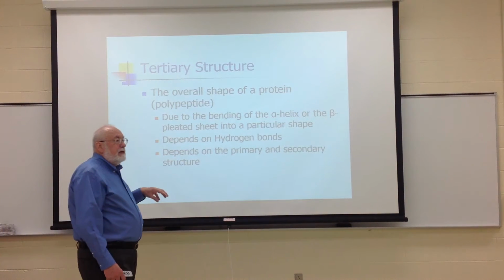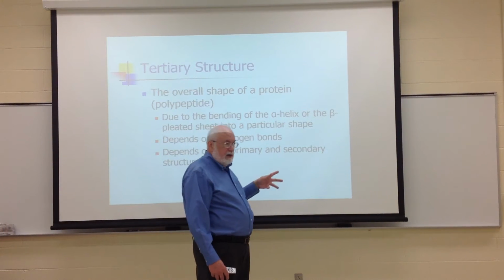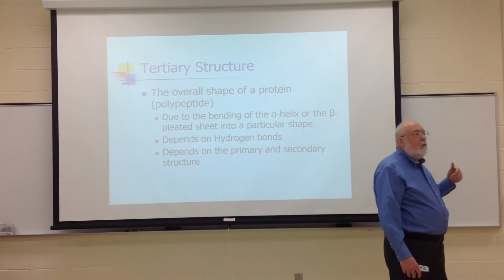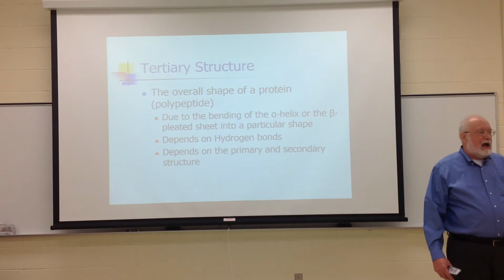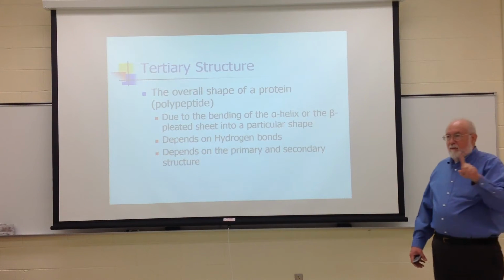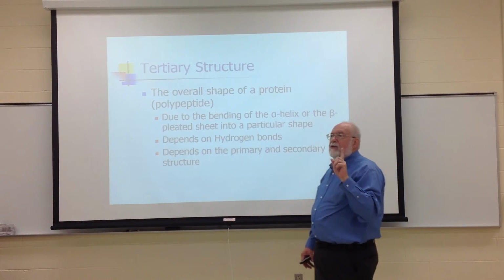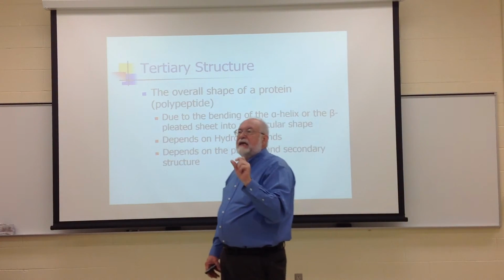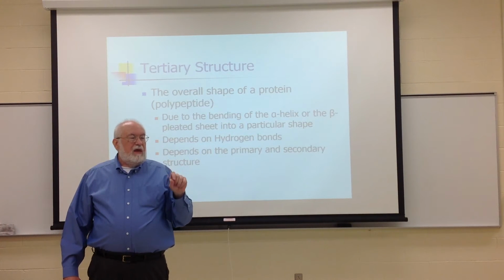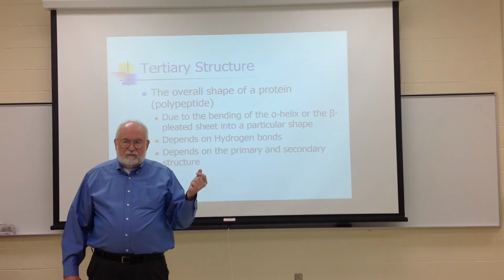What does that mean? The shape is dependent on the secondary structure, and the secondary structure was dependent on what? The primary. So if you go back to the primary and alter the amino acid sequence, what have you done? You've changed the secondary structure, and you've also changed the tertiary structure.